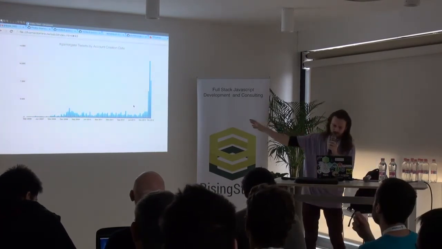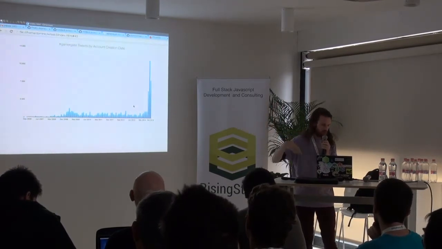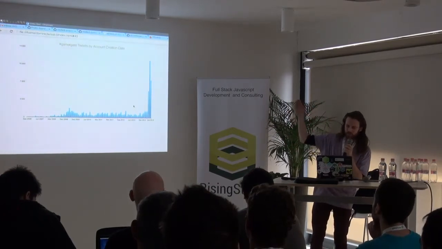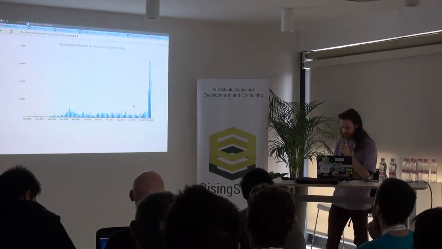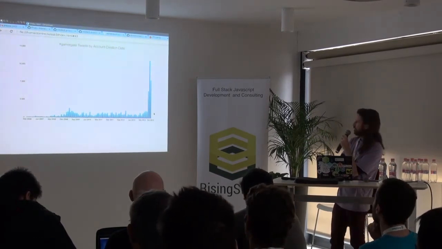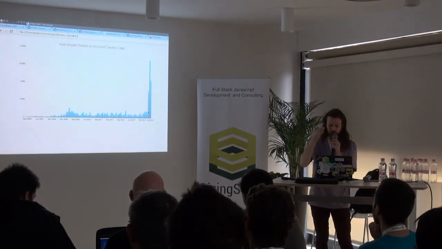This is a graph of Gamergate tweets by account creation date. This has been an ongoing episode recently. A large amount of them were created in the last couple of months.